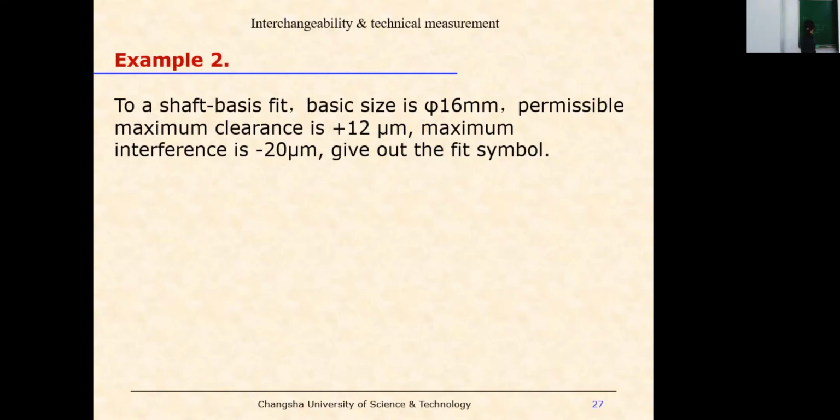Maximum. Yeah. This is the maximum. I mean this one. This is the 12. Sorry, minimum. Oh, minimum clearance. Sorry. Minimum clearance. Right? Maximum clearance. What is less max? But the less.